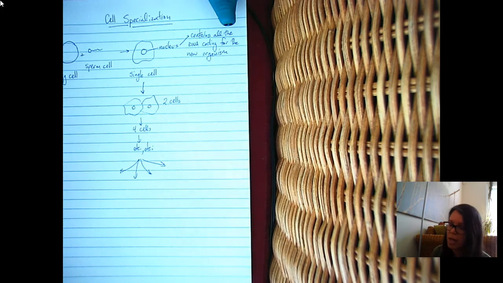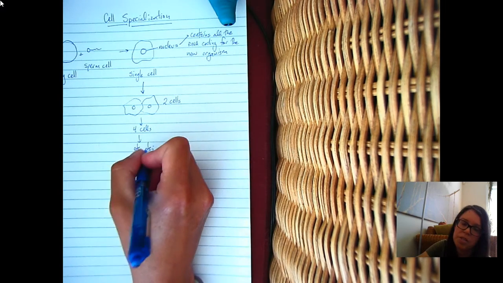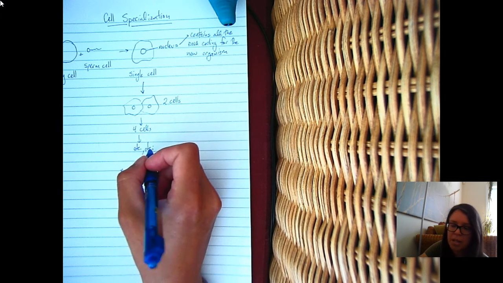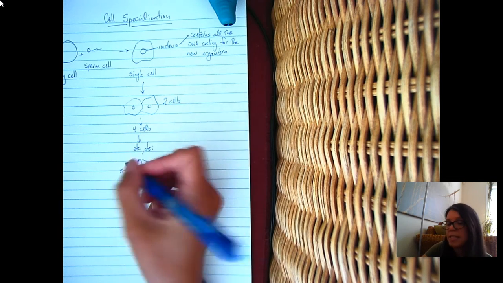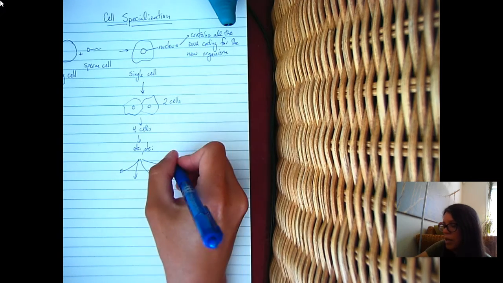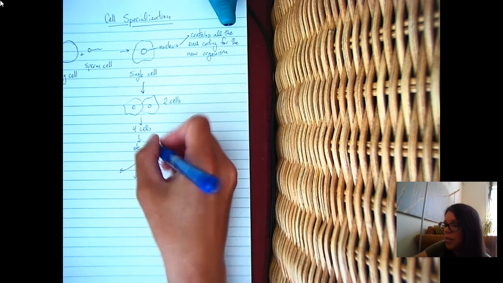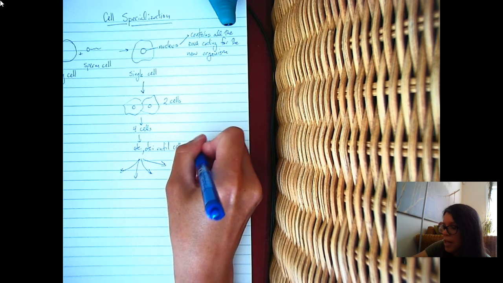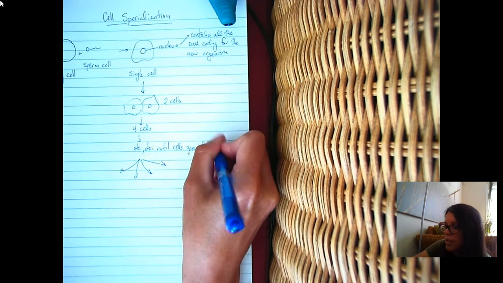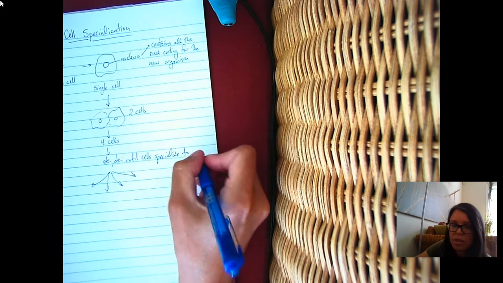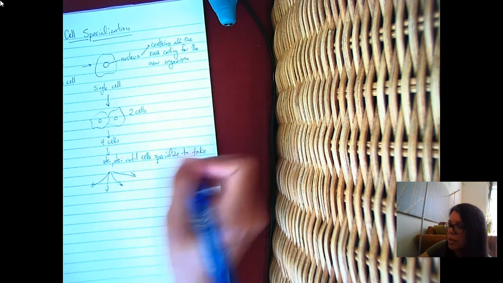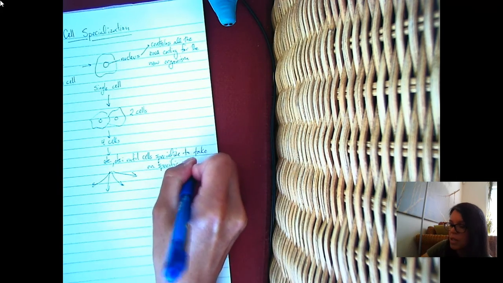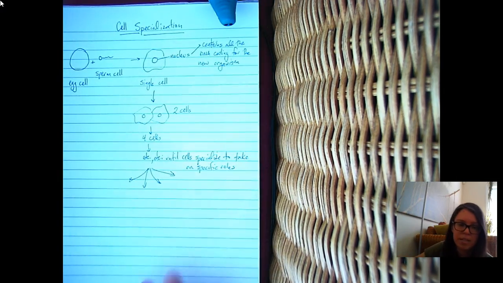There's more, okay? But eventually, instead of just being all these identical cells that could become anything, haven't really become anything specific yet, they specialize. So let's put here, et cetera, et cetera. Let's go until cells specialize to take on specific roles. And this is where they become the different cell types.